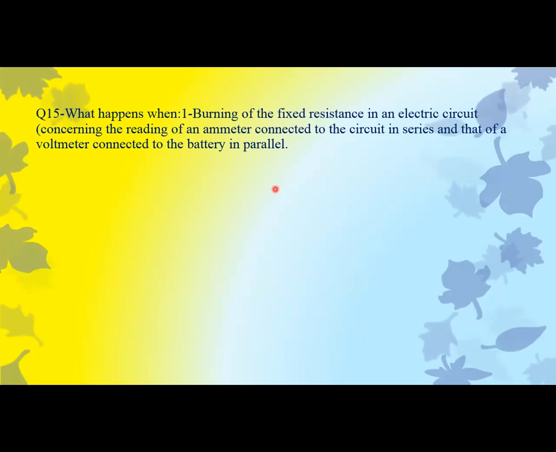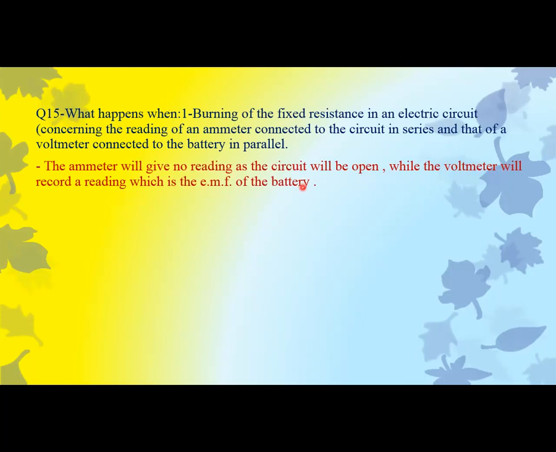Concerning the reading of the ammeter connected to the circuit in series and the voltmeter. What happened to the resistance? Burning. Since the resistance burned, the circuit is opened. Will there be a reading of the electric current? Actually no, there can't be a reading. But the voltmeter can measure the electromotive force in this case, because electromotive force can be measured when the electric circuit is open.